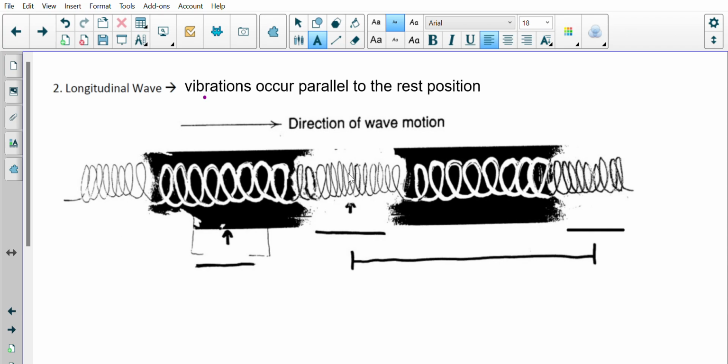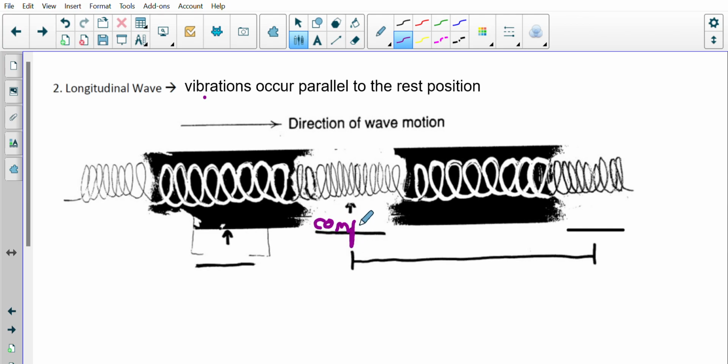You have spots where your wave bundles up, which are called compressions. And we also have spots where it stretches out. Those are compressions where they bundle up, and spots where they stretch out are called rarefactions.